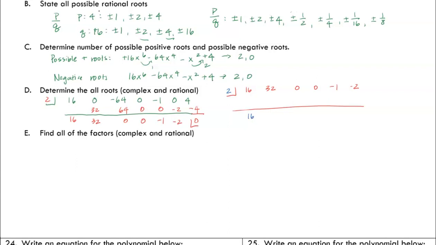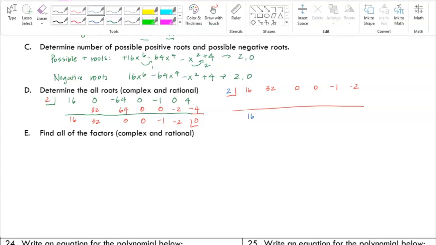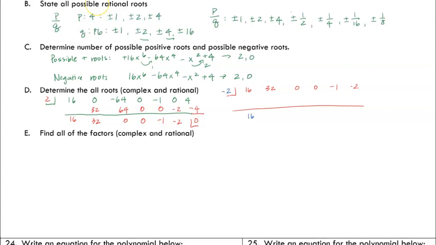It's not going to get rid of that 32. It's going to make it bigger. So therefore, I'm going to try negative 2. So 16 and then negative 32. Add. 0.